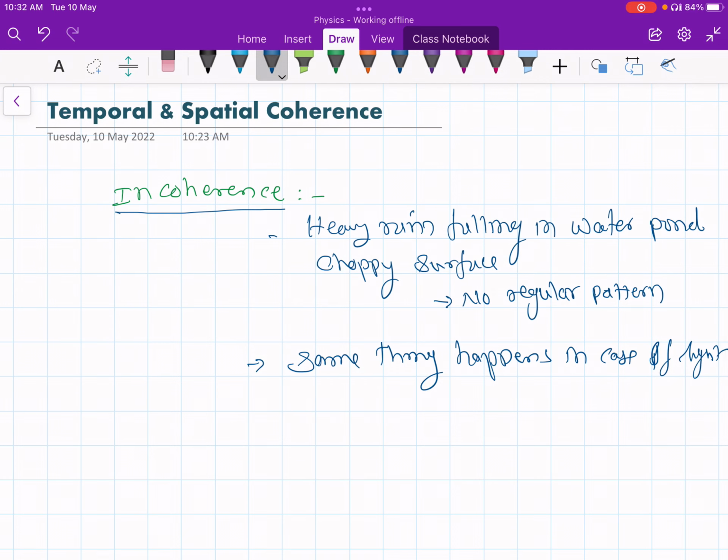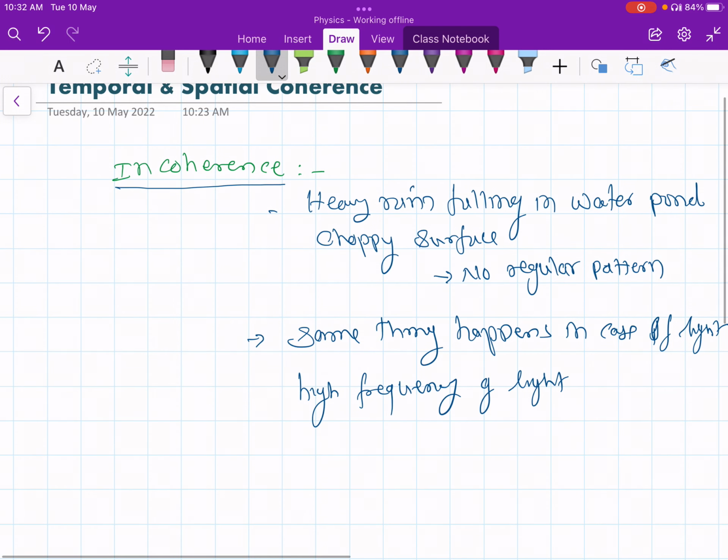The reason is the high frequency of light. The frequency of light is of the order of 10 to the power 14 hertz, and our eyes cannot detect this frequency. So the choppy surface caused by light falling on any surface is not seen, but there is a choppy surface, and that is nothing but incoherence.